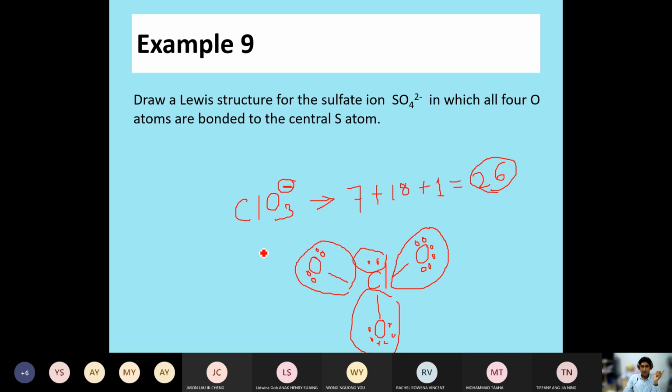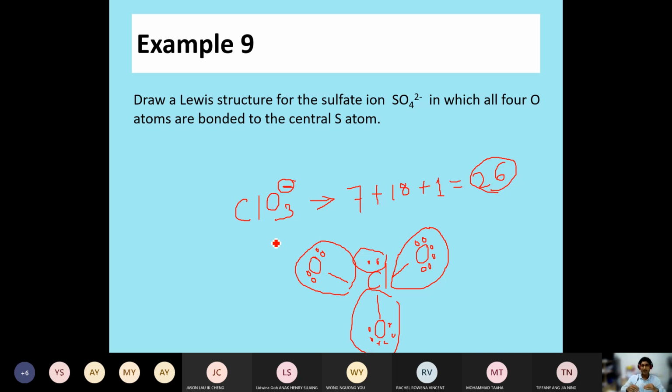But there is a problem: that is not the most stable structure. This is one possible structure, but not the most stable structure for this chlorate ion, because they have something called formal charge. They will have some formal charge build up, and the higher the formal charge, the more unstable the atom or molecule or the ion is.